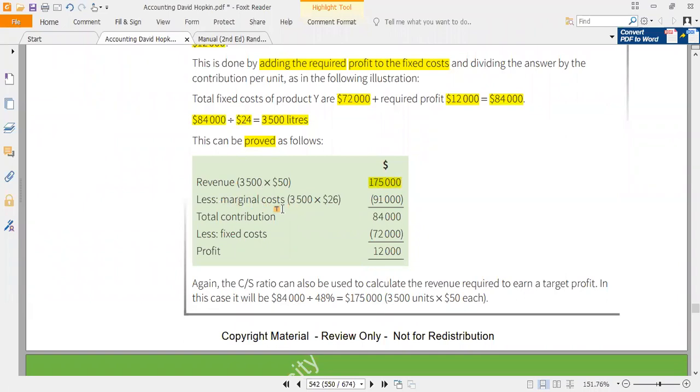Marginal cost means 3,500 units multiplied by 26, which is 91,000. That is your marginal or variable cost. When you subtract it, you get a contribution of 84,000. And because fixed cost remains fixed at 72,000, when you subtract it, you get a profit of 12,000. So we can prove that if we sell 3,500 units, we will make a profit of 12,000.